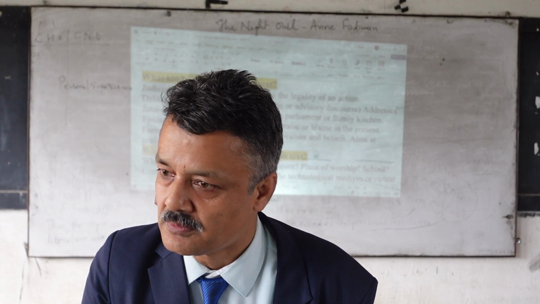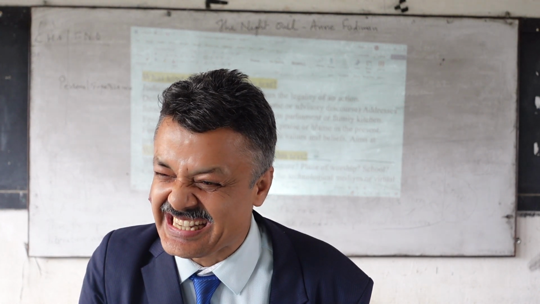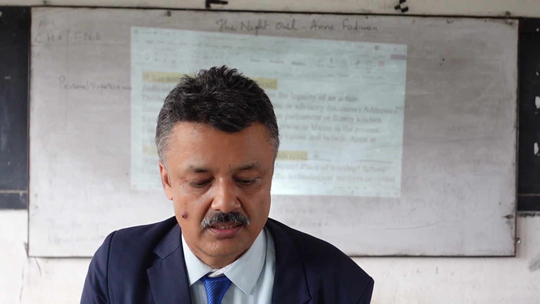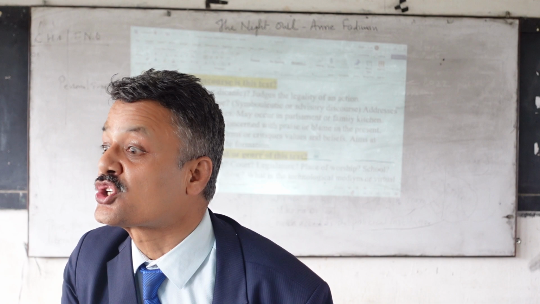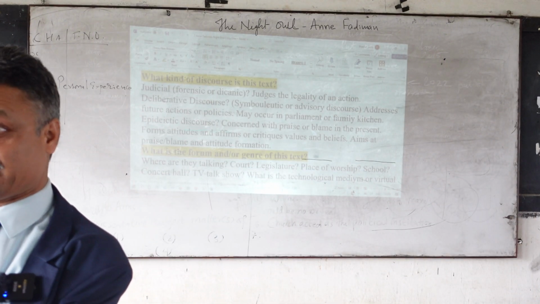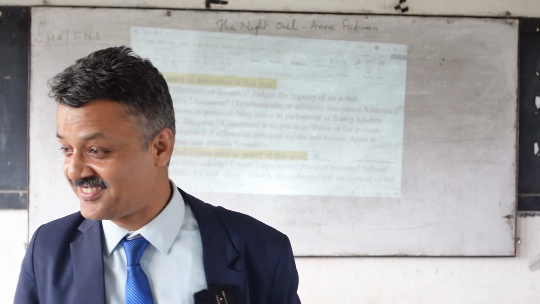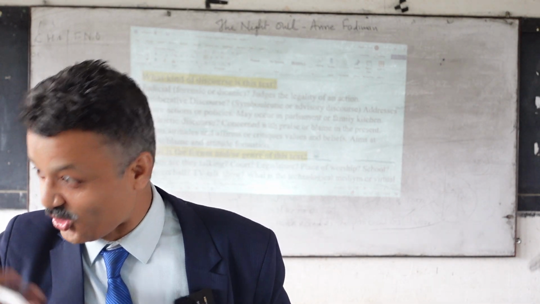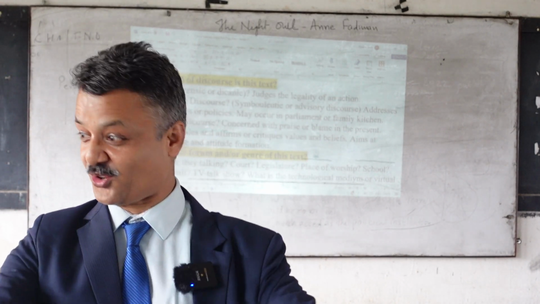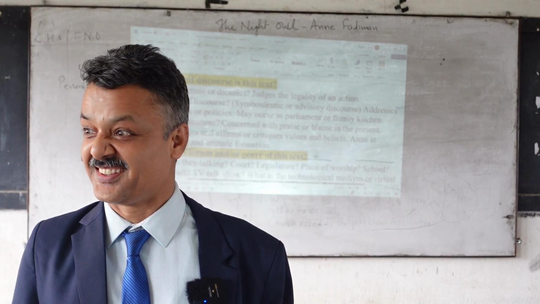Judicial, the talk in the courtroom. My lord, my client is innocent. Judicial discourse. How do lawyers speak? Prosecution. Bang, my lord. How does the judge rule the court? Order.